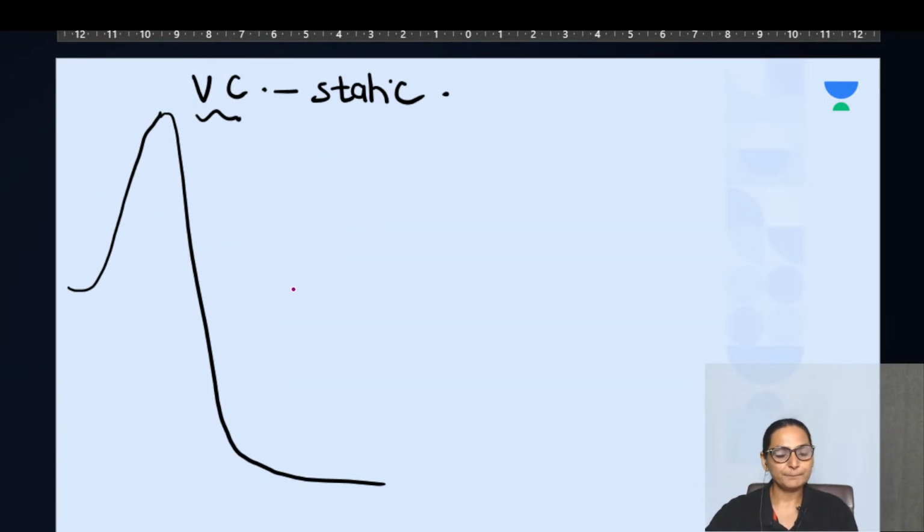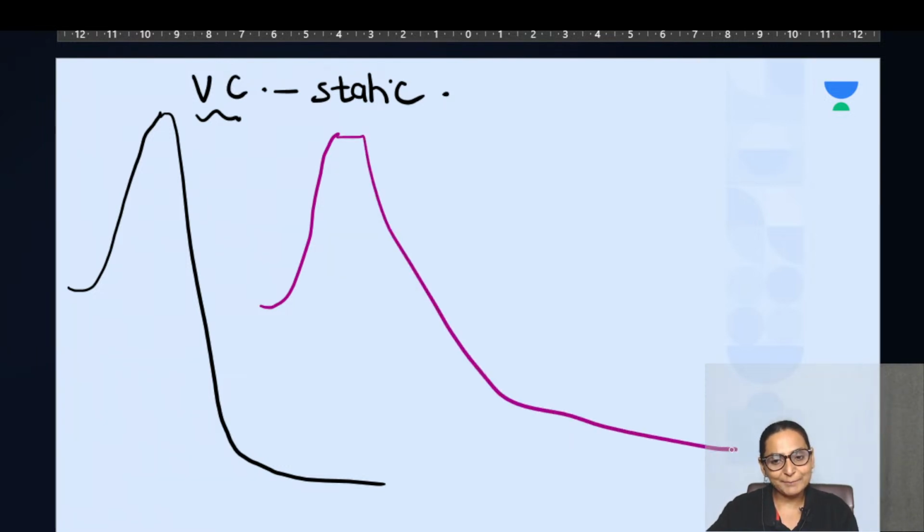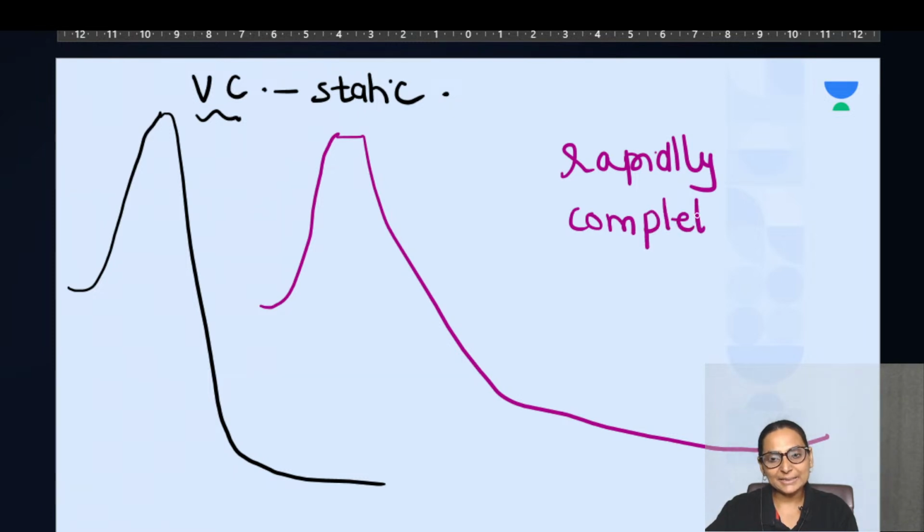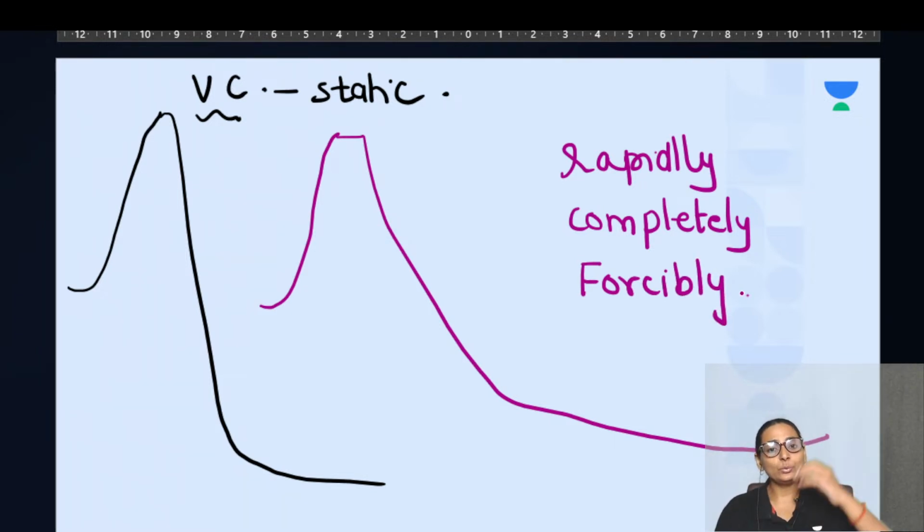Now look over here. I asked the patient to take in a deep breath and expire out as rapidly, as completely, and as forcibly as possible, as if he's trying to empty his lungs out.